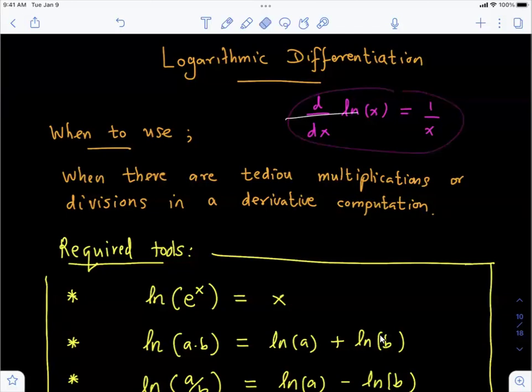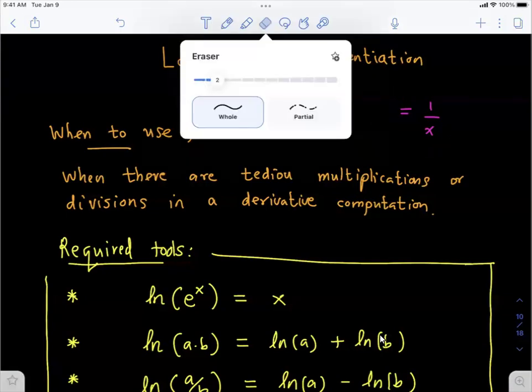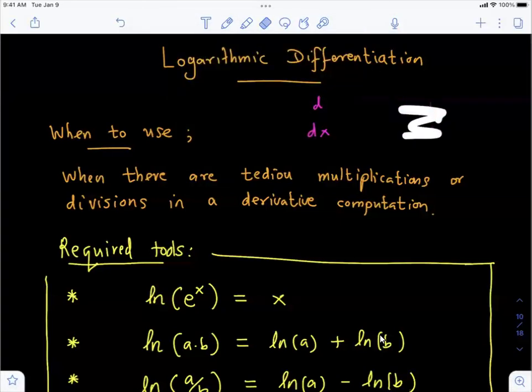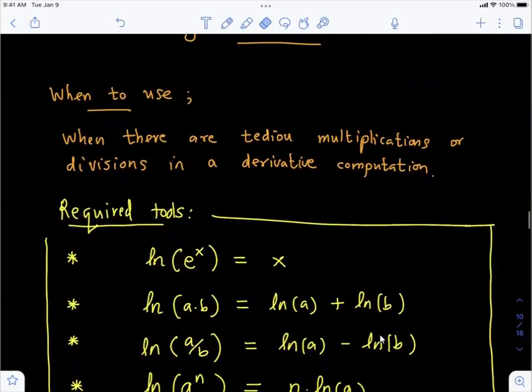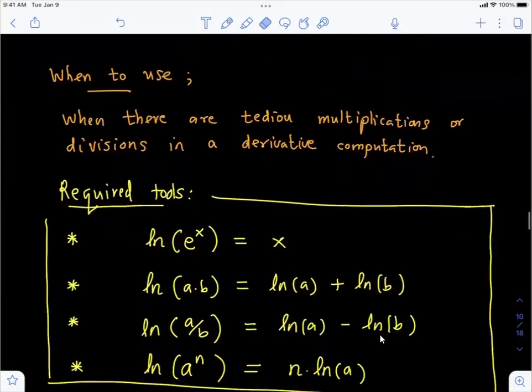But now, to prepare the background for these computations, let me just provide the background. First of all, this particular topic, logarithmic differentiation, when are we going to use it? If you look at the upcoming examples, when you endure through all of those examples, you will recognize one important aspect.